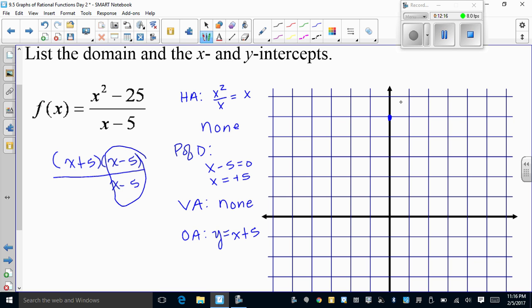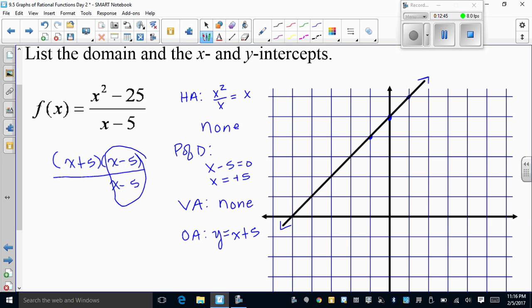So we'll go here and here. And I'm going to cheat and just use a line. There we go. And if we were to go all the way to x equals 5, I'd have to put a hole in the graph.